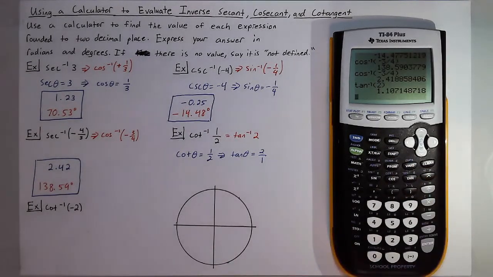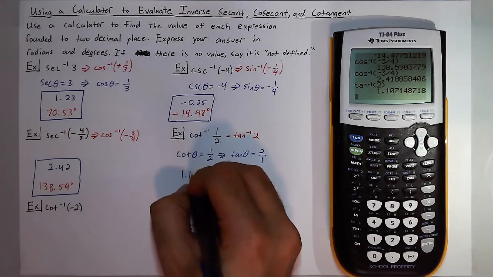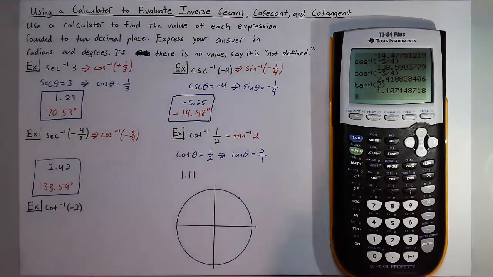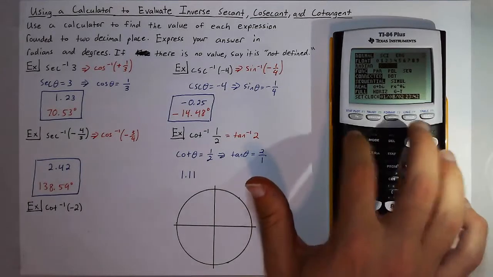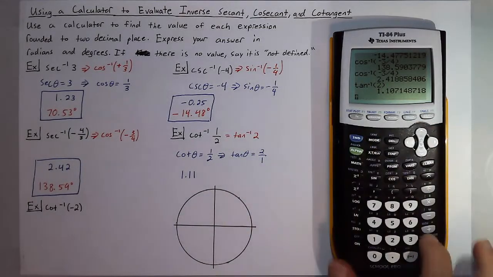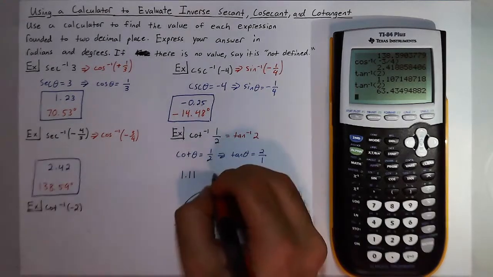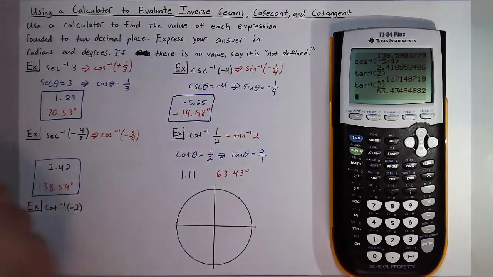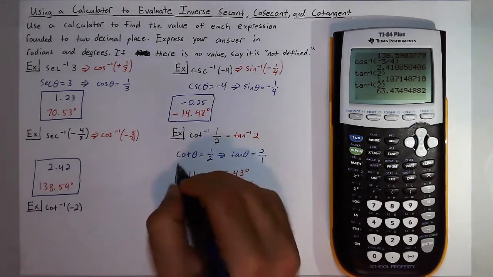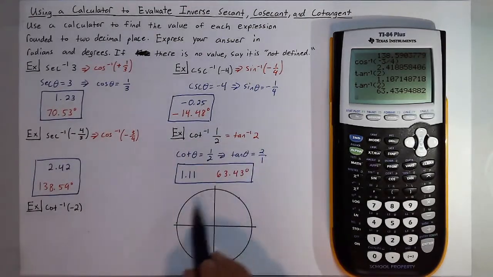I get 1.11, which is the radian measure. And then in degrees at mode, switch it back to degrees. Second enter for the entry, and I get 63.43 degrees. Which makes sense because cotangent's output should be somewhere between 0 and 180 degrees.